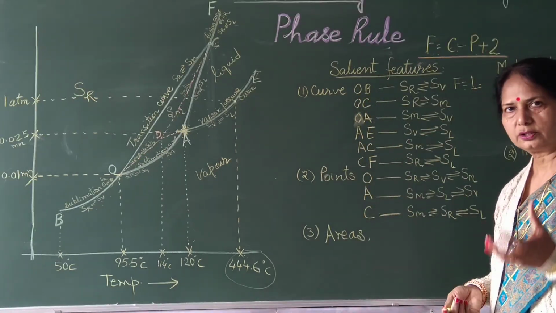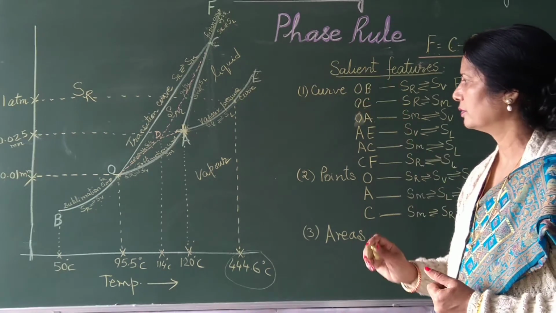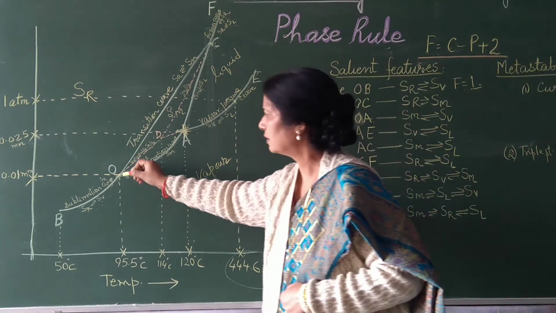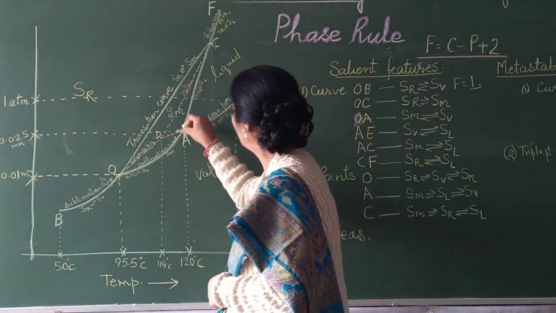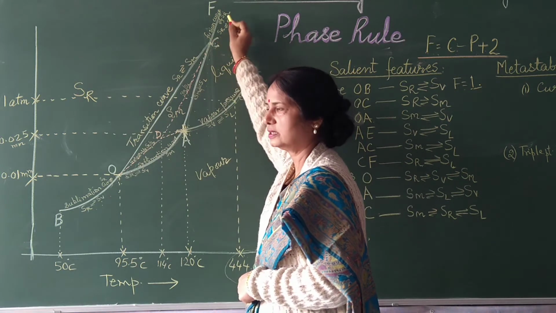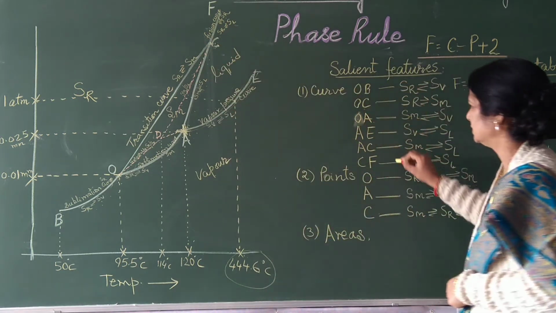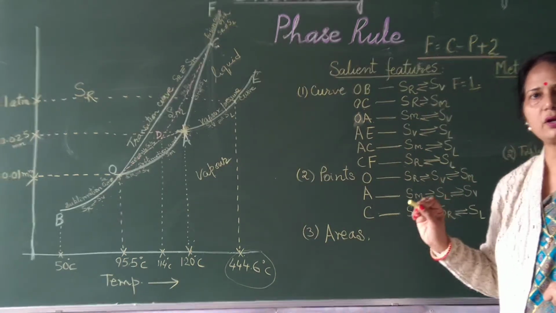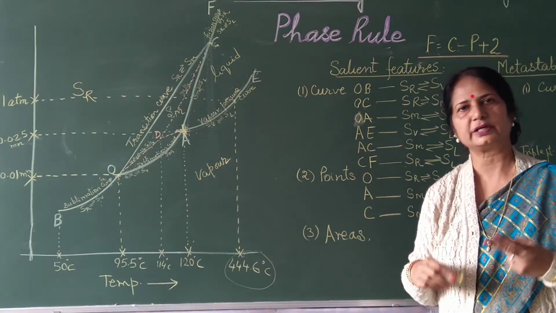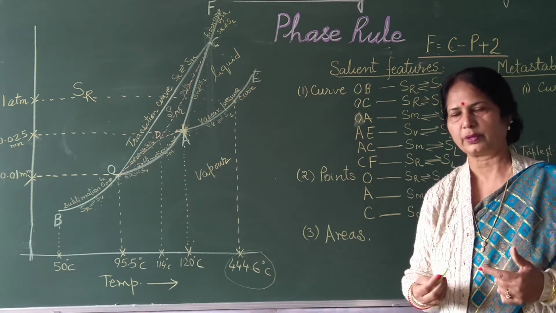This means it is univariant along the curve. So we have dealt with all the curves over here: OB, OA, AE, AC, OC and CF. In total these are the curves, and all along the curves, since it is a one component system, two phases are in equilibrium and the degree of freedom comes out to be 1.